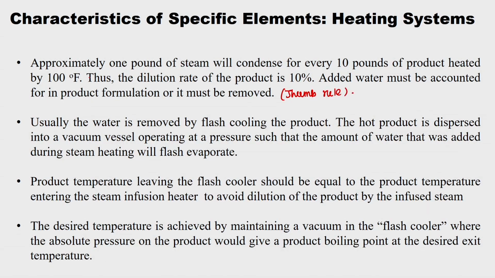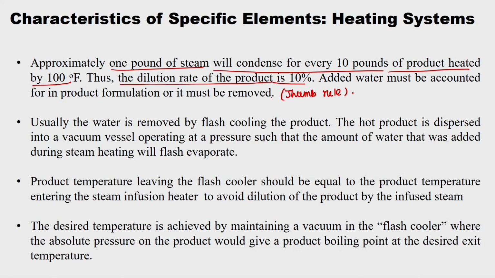The problem in the direct heating system is when you are infusing or injecting steam into the product. When it condenses, the product volume increases due to the addition of water, right. So 1 pound of steam will condense for every 10 pounds of product heated at 100° Fahrenheit. Thus the dilution rate of the product is 10%. So when you are creating the product, the water amount should be adjusted accordingly.